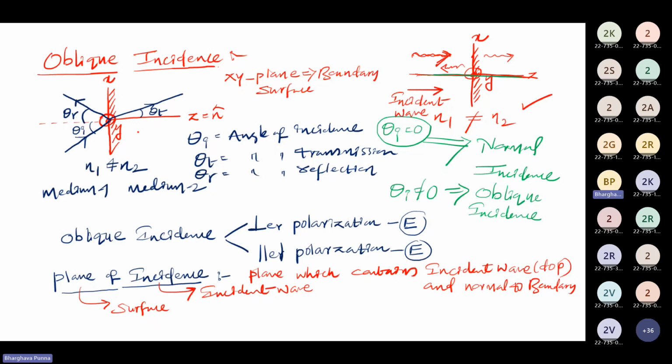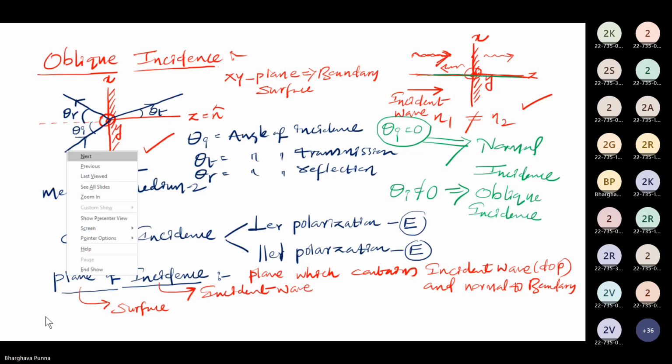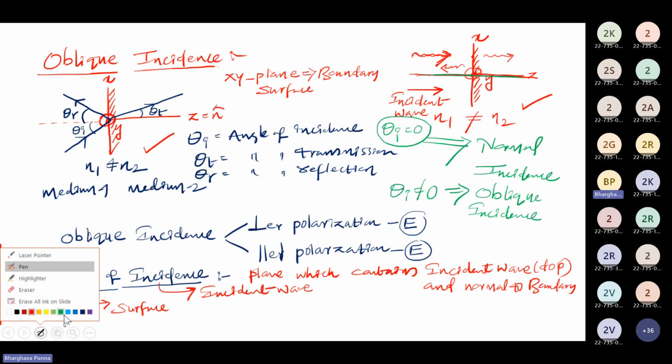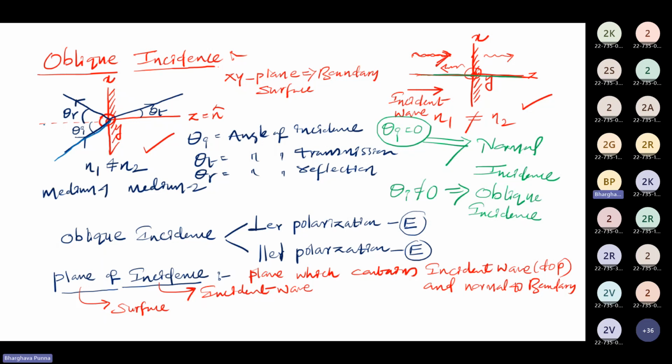Now can you tell in this particular diagram what the plane of incidence is? We have to see the plane which contains the direction of propagation of the incident wave, along the theta I direction, and the normal to the interface also. These two are available on the screen.